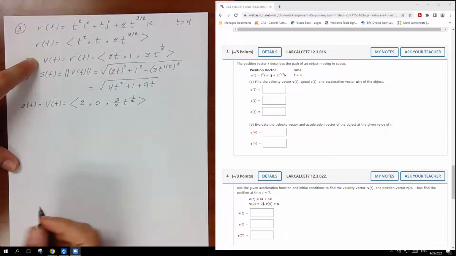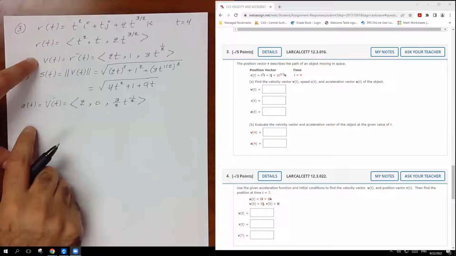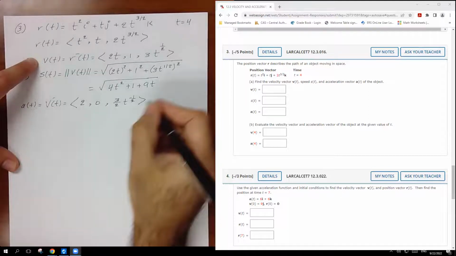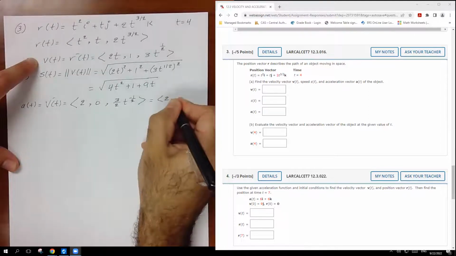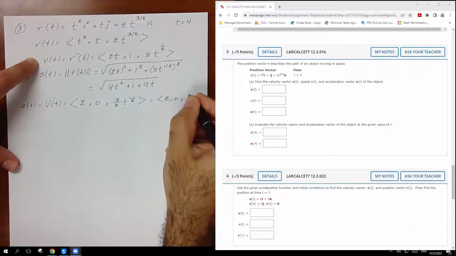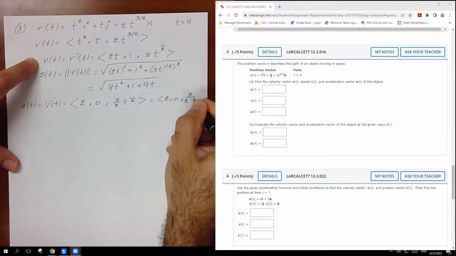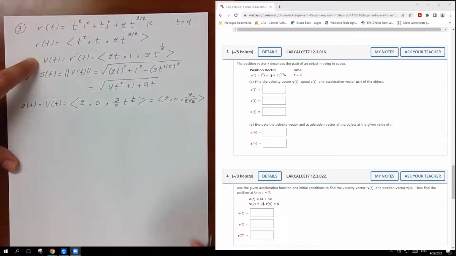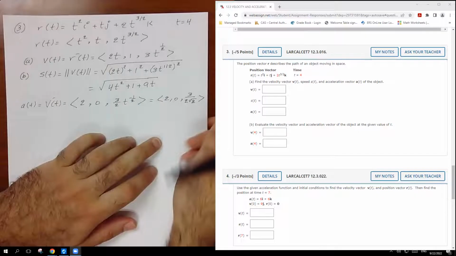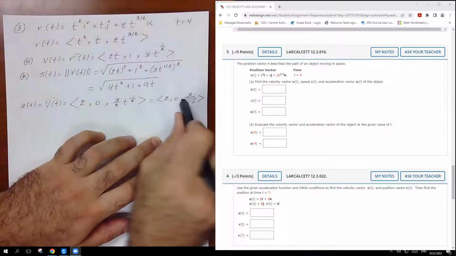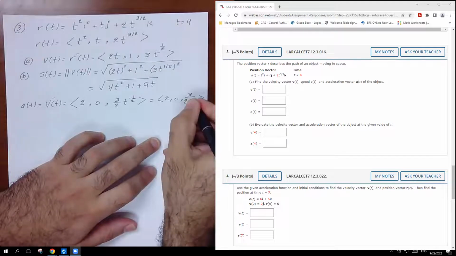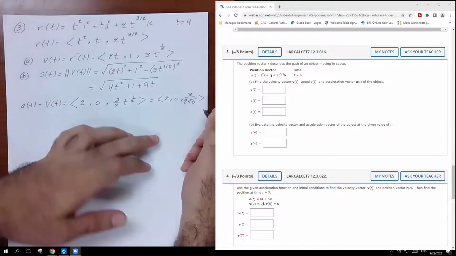Now, to find the acceleration, we're just going to write it as 2, 0, 3 over 2 square root of t. This is t, not 2. So 2 square root of t. So that's the acceleration.